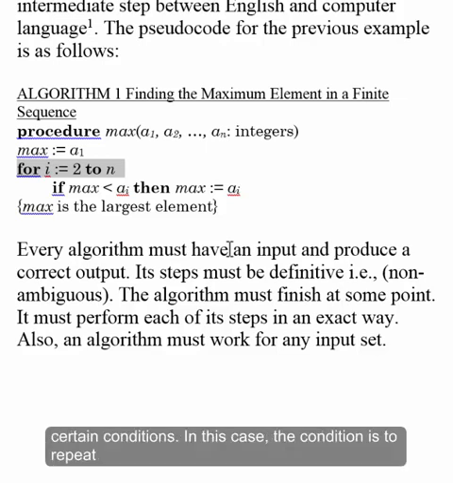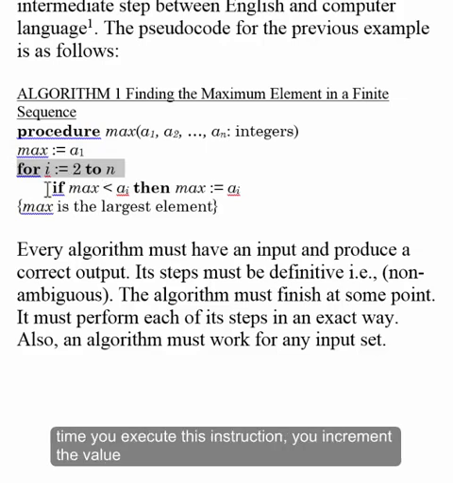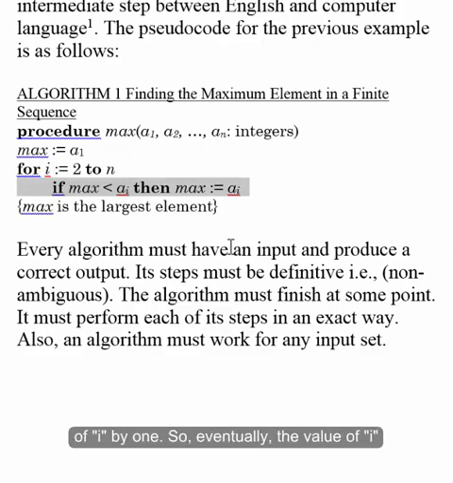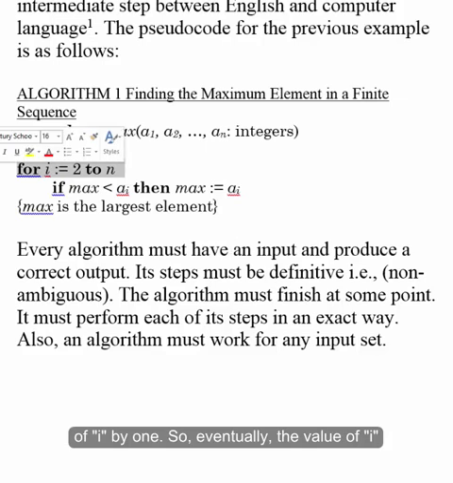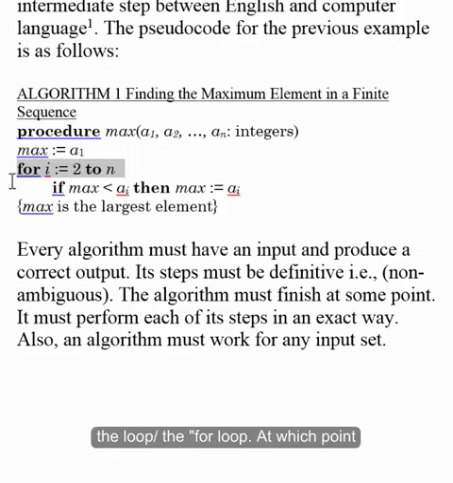In this case, the condition is to repeat this instruction for values of i from 2 to n. Every time you execute this instruction, you increment the value of i by 1. So eventually the value of i will be equal to n. At that point, the algorithm will end the for loop, and the value given to the variable max will be the maximum value in the list.